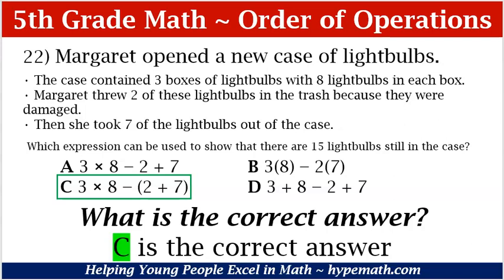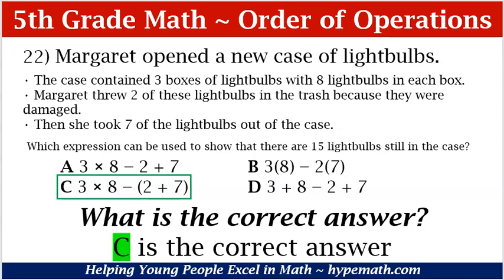Okay, I'm sorry, she threw 2 away and there were 7 that she took out of the box, but they don't need to be multiplied because it didn't say that there were 2 boxes with 7 light bulbs in it that she threw away.